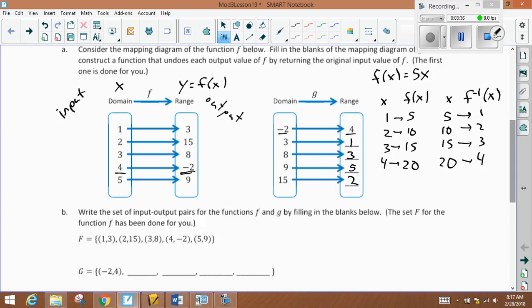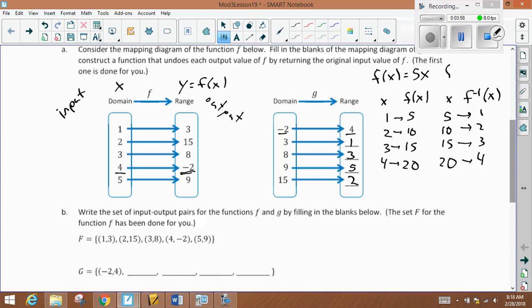And how do I get that relationship? So all I did was switch my input and my output. What's the opposite of multiplication? Division. It turns out that it's also the inverse.